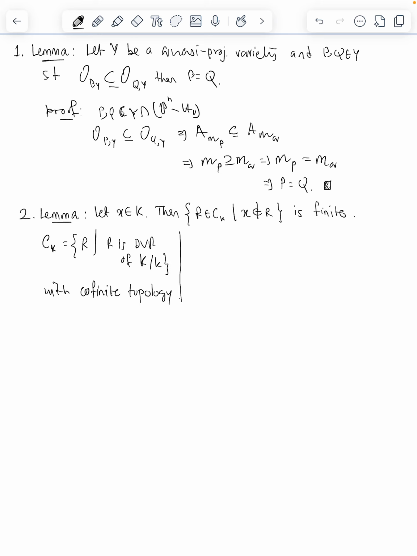So sometimes I will write it as P, which denotes a point. P is a point means it's a DVR of K over k. Sometimes I will also write it as R_P. Don't get confused that this R_P notation is just to emphasize the fact that P is actually a DVR. So R_P is not a localization of R at some prime ideal. Just to make sure that there is no ambiguity regarding this.